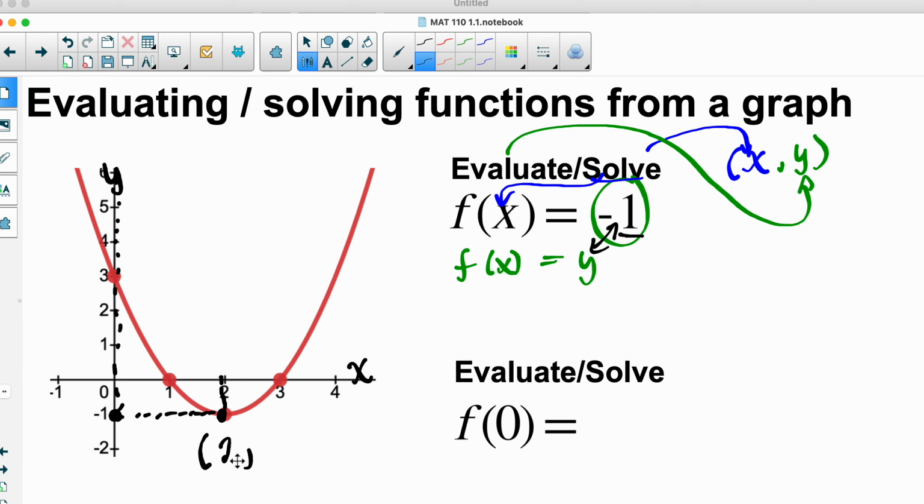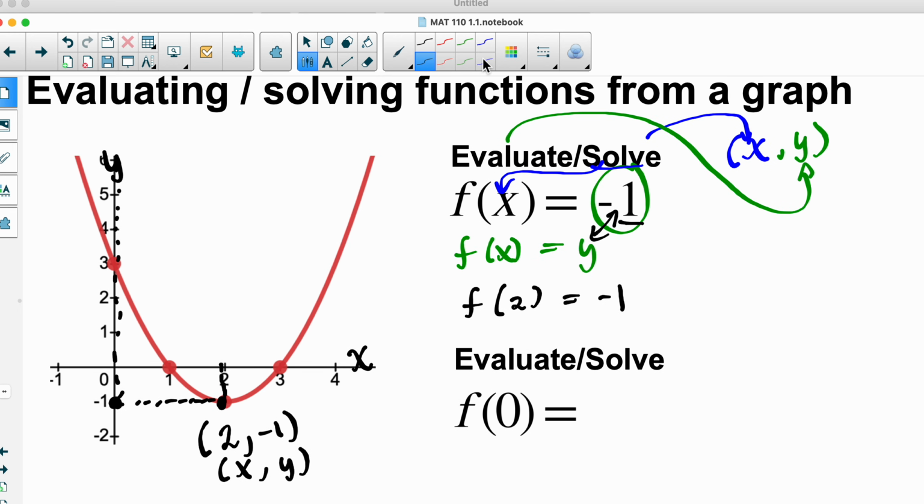So I can say 2, -1, because when I write my ordered pairs, I always write the x value first. So I can say that f of 2 is equal to -1. So what I did there was I solved for x.